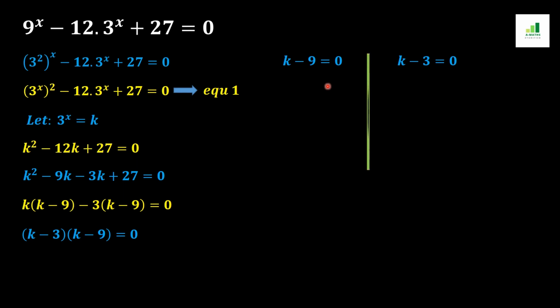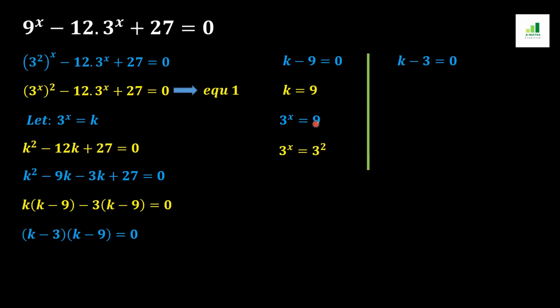So first we should solve for k minus 9. This minus 9 will move to the other side of the equation and convert to positive 9. Now as per our supposition k is equal to 3 to the power x, so we should replace this k with 3 to the power x, and our new expression will be 3 to the power x equals 9.